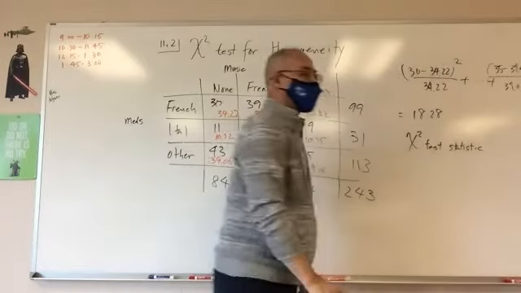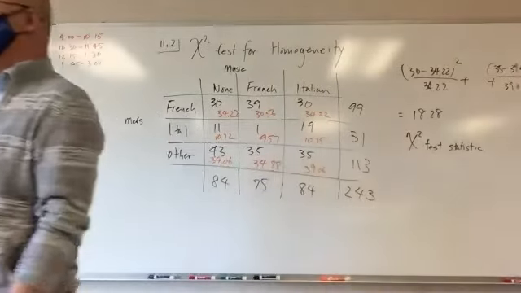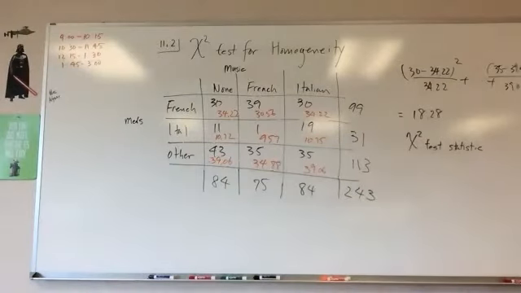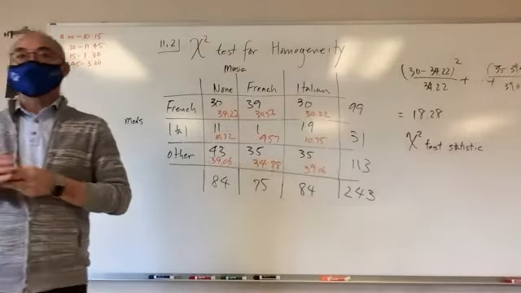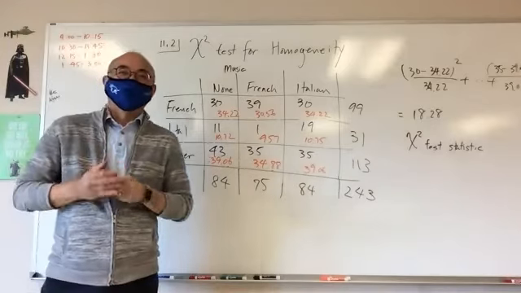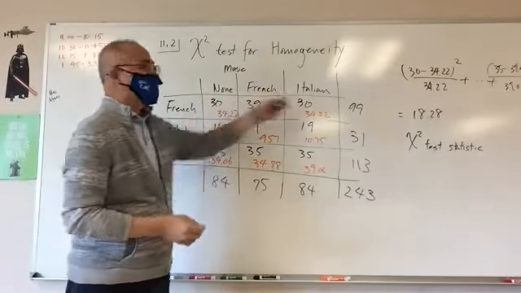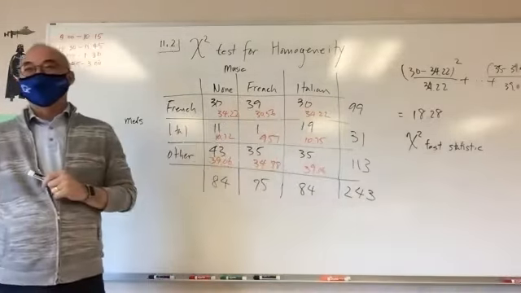Okay, so I have a couple issues here. The first one is, what is my degree of freedom? The answer is not 8. Okay, it's not 3 times 3 is 9 minus 8.